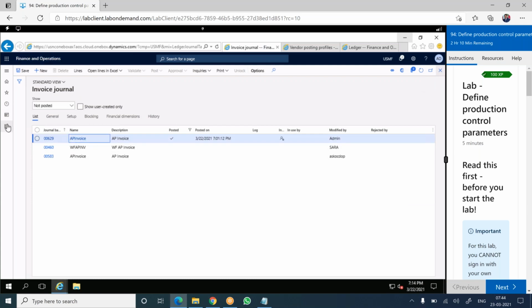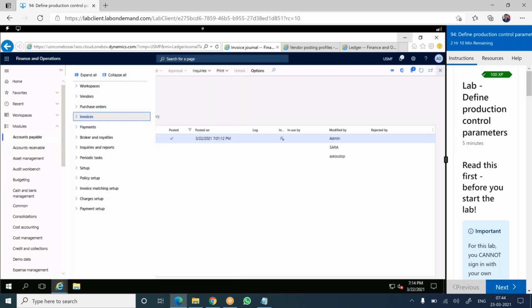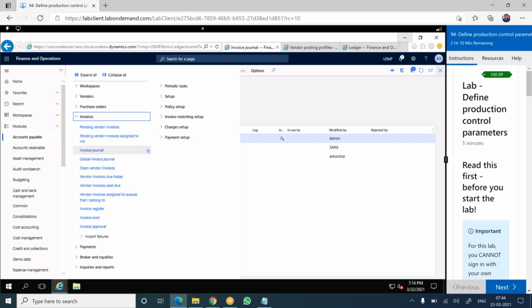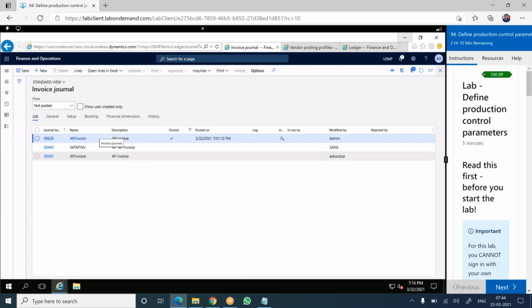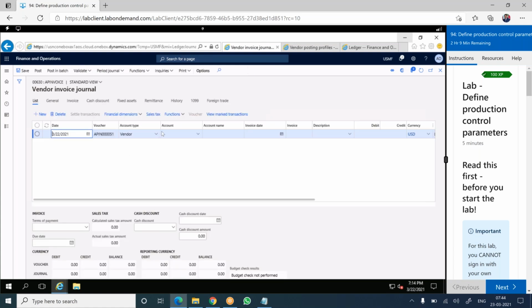Accounts payable module, collapse all, invoices, invoice journal. Click on new, select the journal name, click on lines, select the vendor account.